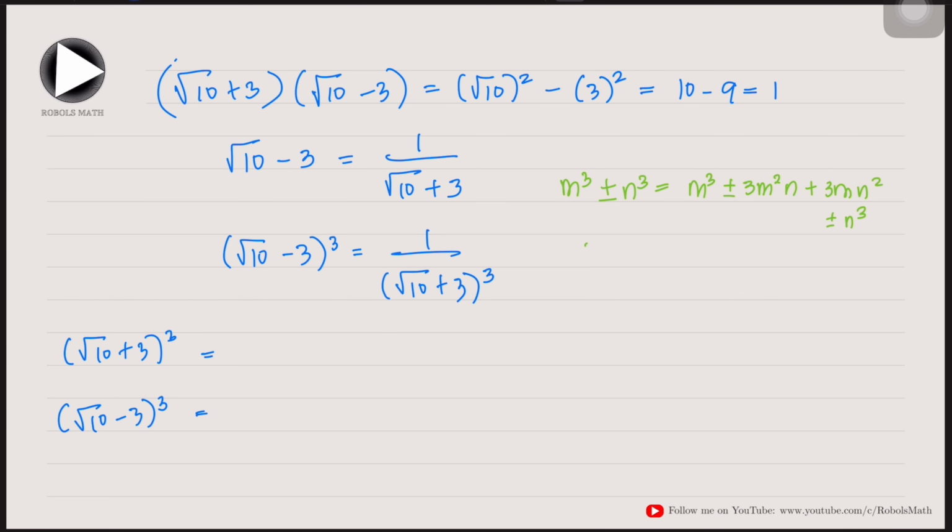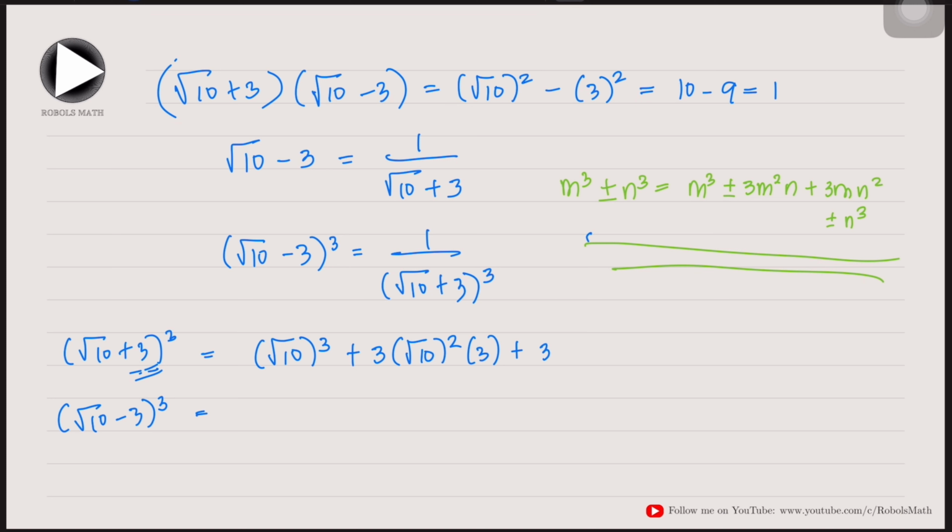So these are the sum and difference formulas, which you should know by now if you've taken some algebra courses. Now if we use this formula to expand our cube here, we get square root of 10 cubed plus 3 times square root of 10 squared times 3 plus 3 times square root of 10 times 3 squared plus 3 cubed.